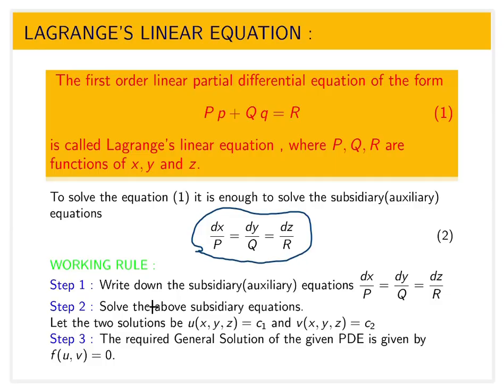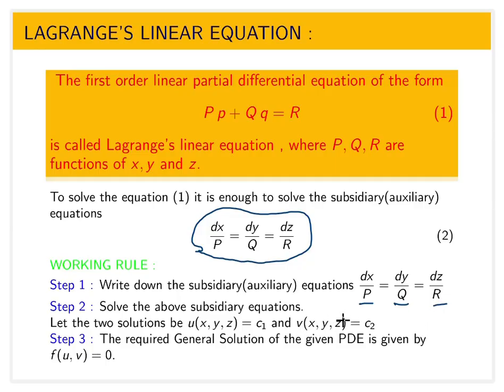Write down the subsidiary equations dx by P, dy by Q, dz by R. Here P is nothing but the coefficient of small p in the given equation, Q is the coefficient of small q, and R is nothing but the remaining part in your RHS.